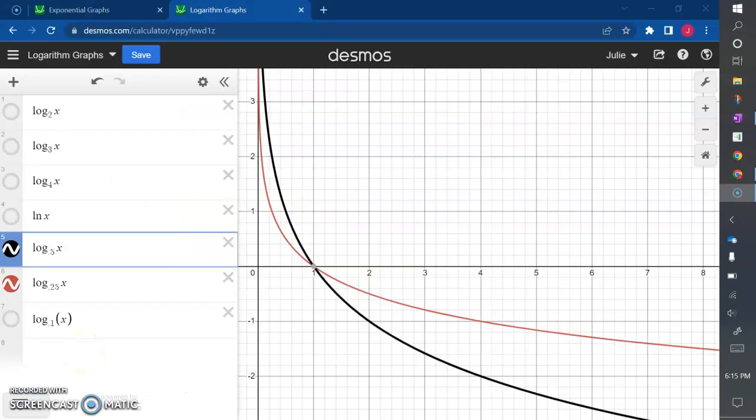So in looking at this graph, we can see that we've got a nice point right here at 1, 0, just like our other logarithmic function. And then we've got a nice point on each graph, looking, for example, at log where the base is 1/2, where we've got 1/2, comma 1. 1/2 is the base, so that's the base, comma 1.